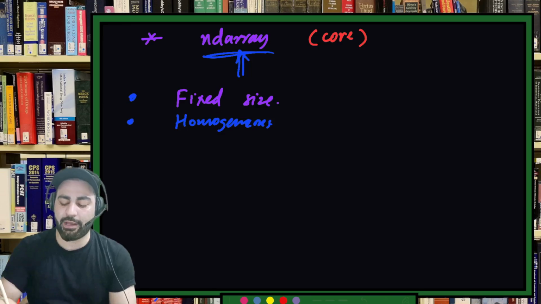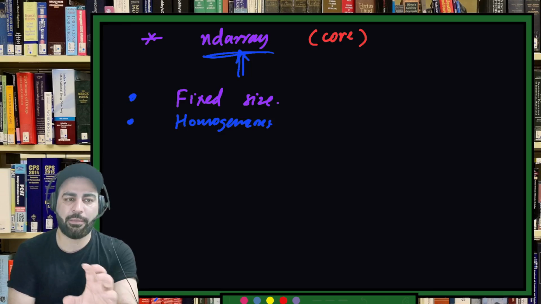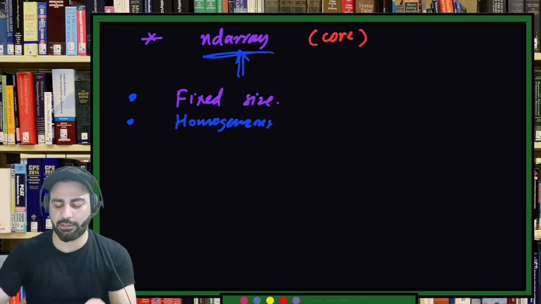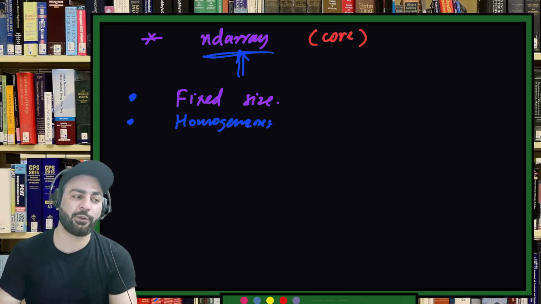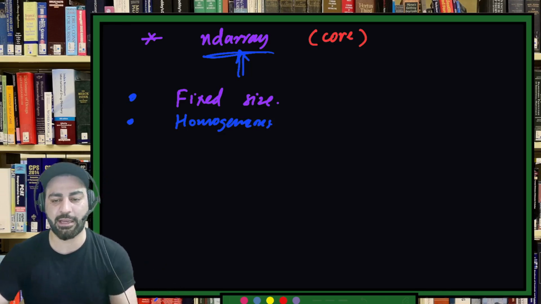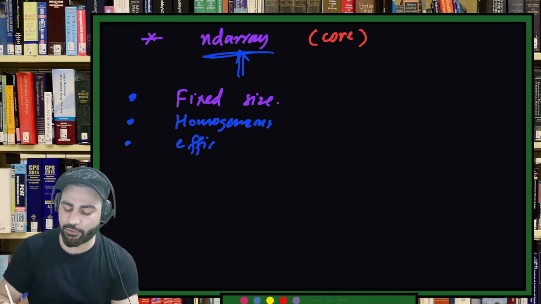By making them homogeneous, we ensure that we allocate the same memory for each element. That's why these are homogeneous. Let's suppose I generate an array, you can still have a string in there, but it will convert everything into strings. We'll see it in the example. And one more thing, because of these properties, it does efficient operations.